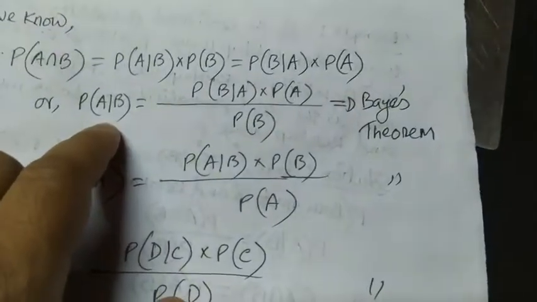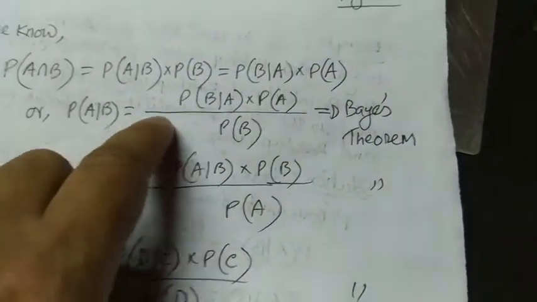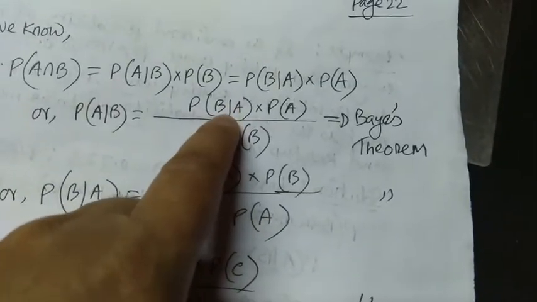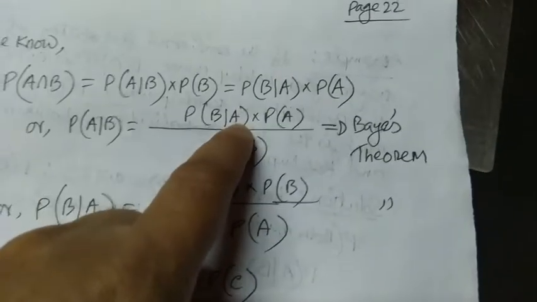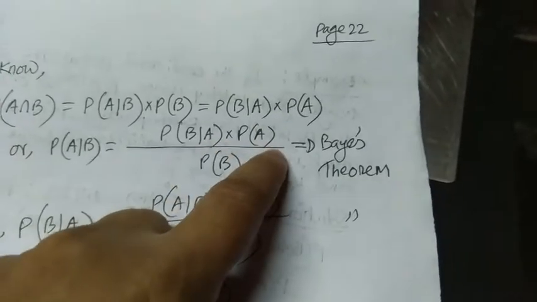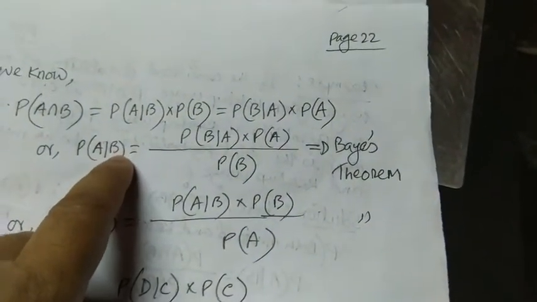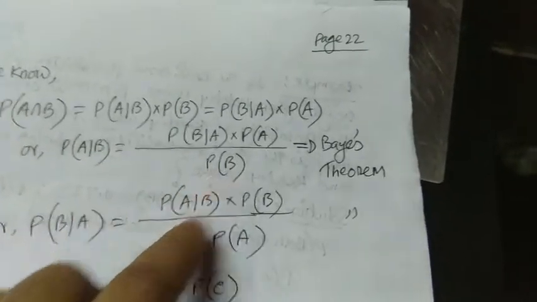That means probability of A given B can be calculated from the reverse conditional probability: probability of B given A multiplied by the probability of A, divided by the probability of the given part, that means probability of B.